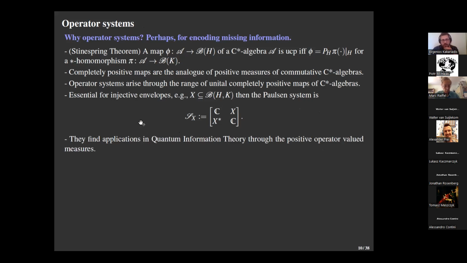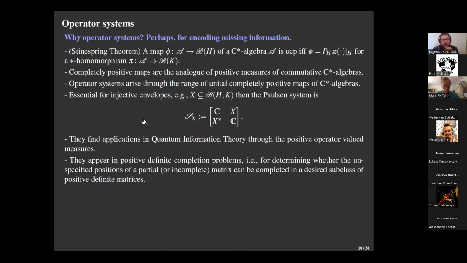They also find applications in quantum information theory, and another nice application comes from positive definite completion problems. You may have a partially complete matrix, and you ask if it can be completed in a desired subclass of positive definite matrices, and operator systems play a role there.